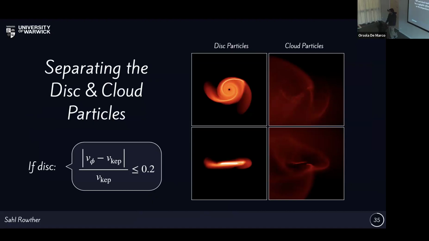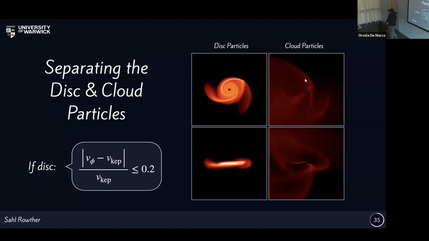The other possible reason for the increased temperature is the presence of the infalling cloud itself. So I then separated the disk and cloud particles based on their azimuthal velocity. If the azimuthal velocity was roughly Keplerian, it was considered to be part of the disk, and if not, it was cloud. On the left you can see what is considered disk, and on the right what is the cloud.